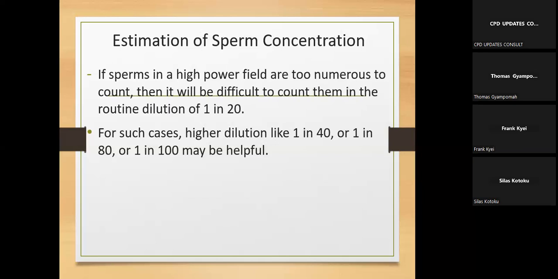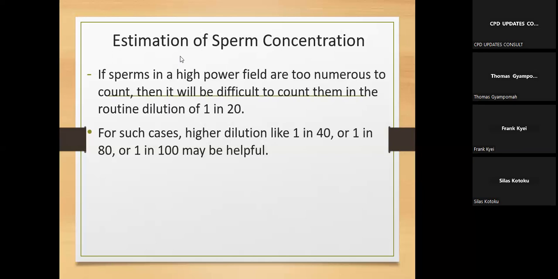Then a 1 in 20 dilution is advised or recommended. If it is too high, very good. This one is correct. But Danny, it is not 1 in 4 from the 20. It should be 1 in 4 from 1 in 20.